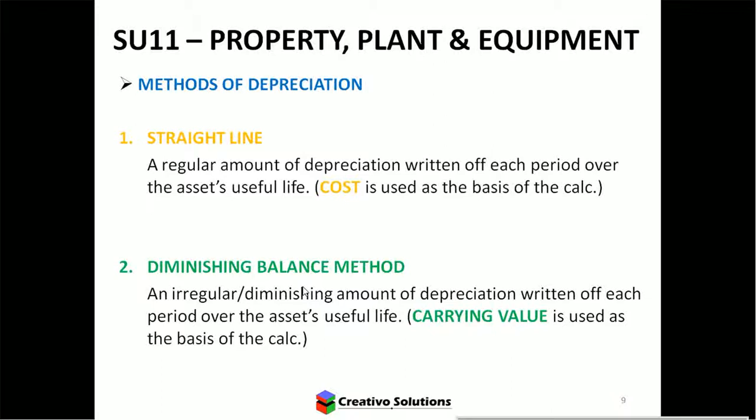Carrying value is? It's used as the basis of the... No, carrying value is what? How do I calculate it? Cost minus accumulated depreciation. Is that okay?